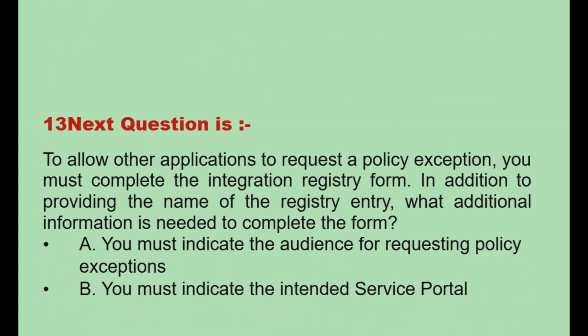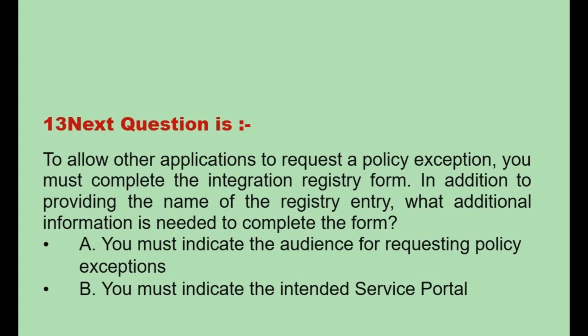Question is, to allow other applications to request a policy exception, you must complete the integration registry form. In addition to providing the name of the registry entry, what additional information is needed to complete the form? Option A, you must indicate the audience for requesting policy exceptions.